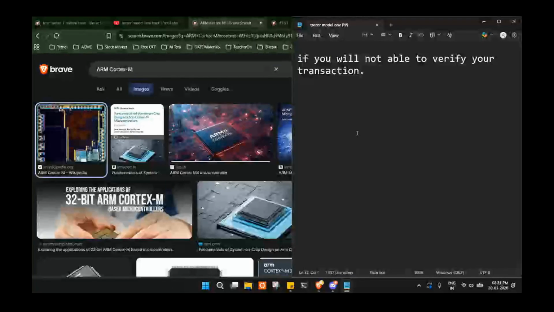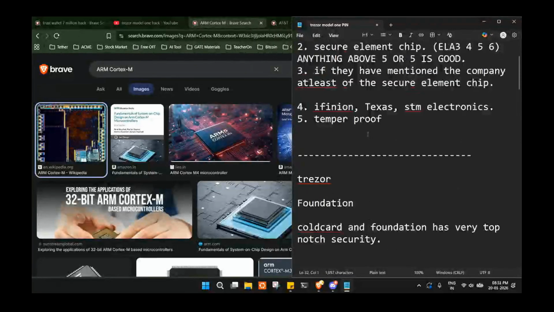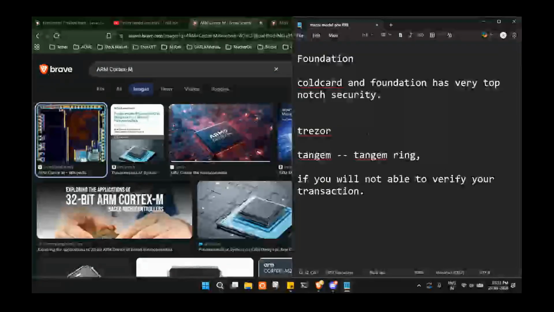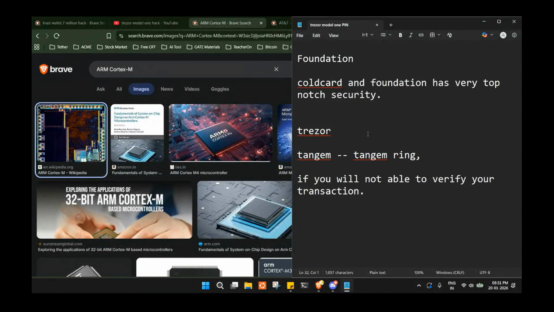Okay. Now I will just quickly cover the companies. So Trezor we have discussed, Tenzin we have discussed. I think Bitbox. So if you ask me, I would say Coldcard, no doubt, very top-notch security.